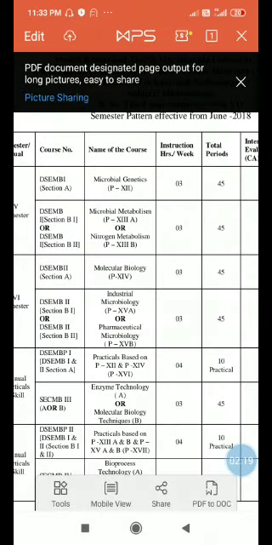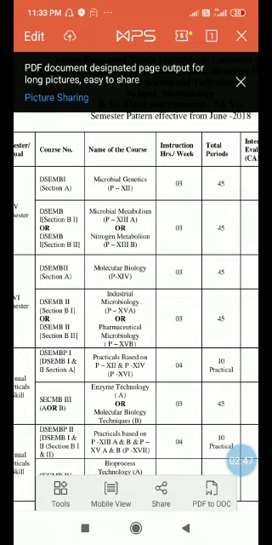For semester 5 there are two theory papers: paper number 12, Microbial Genetics, and paper number 13, Microbial Metabolism. These are the two papers under semester 5.